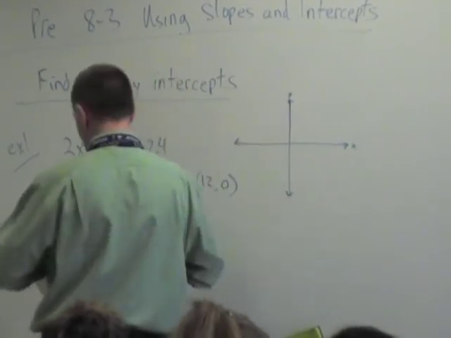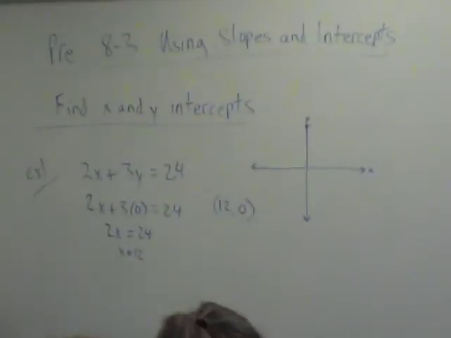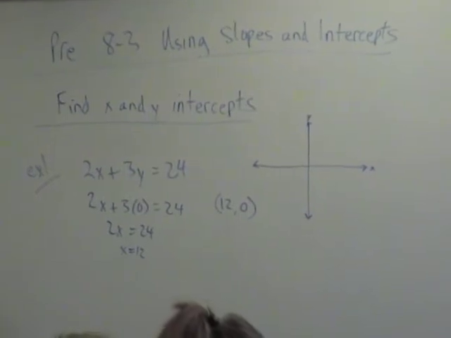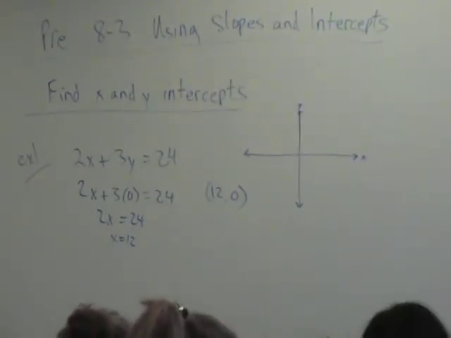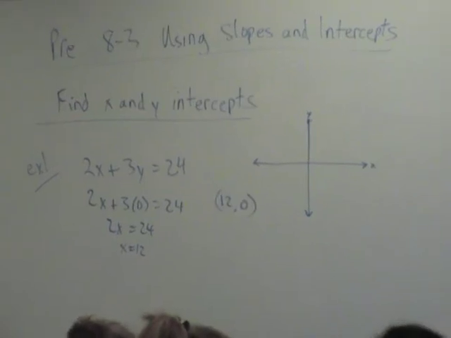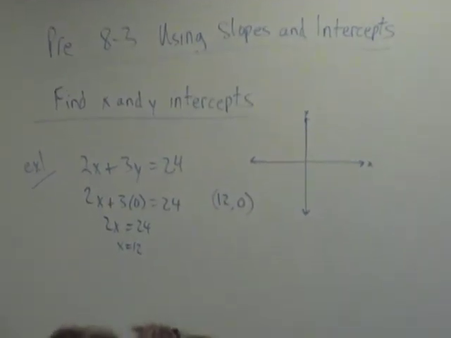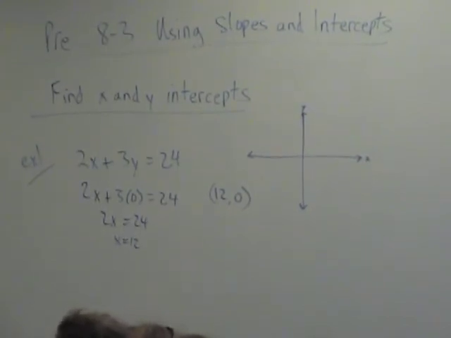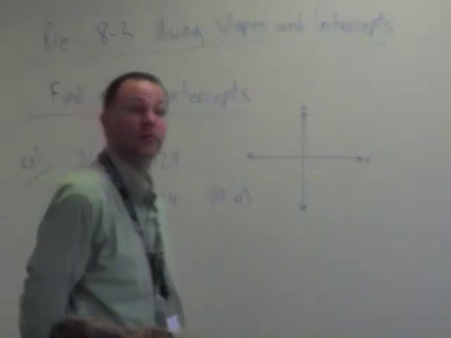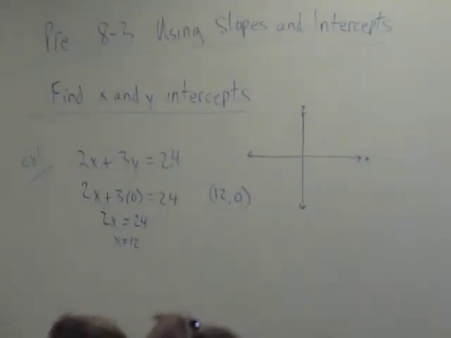Graph those points once you find them. Make a graph and graph them. How many points do you need to make a straight line? 2. Do you have 2? There you go. Did you graph them? What are you waiting on?